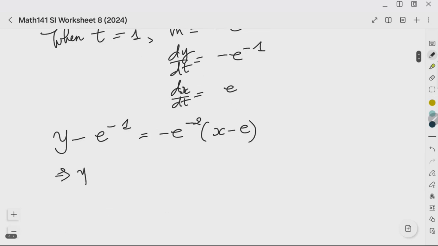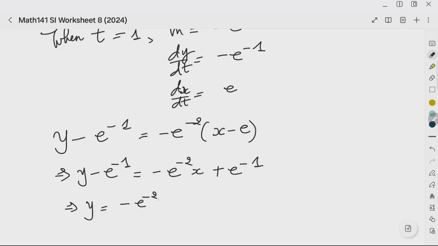If you expand this, you have y minus e to the minus 1 equal to minus e to the minus 2x plus e to the minus 1, which if you take the e to the minus 1 to the right hand side, you should have y equal to minus e to the minus 2x plus 2e to the minus 1. Okay, and this is the equation of your tangent line.